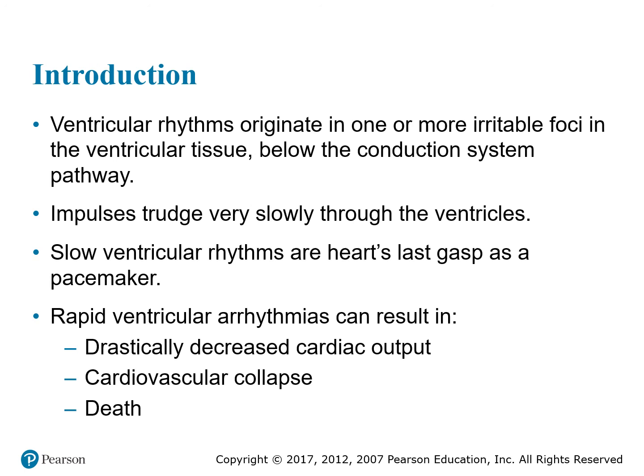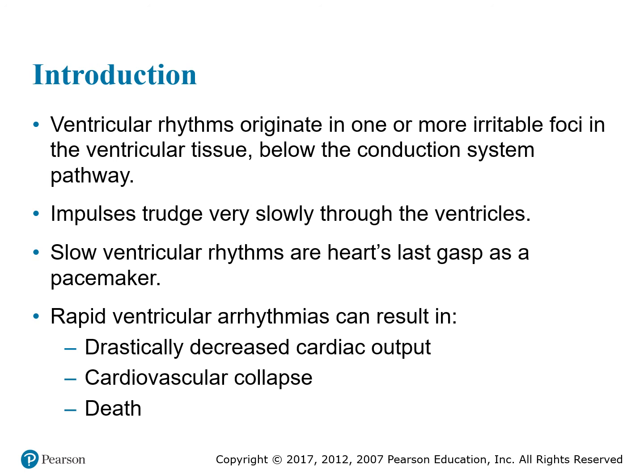Normally, an electrical impulse that begins in the SA node, atria, or AV junction results in depolarization of the right and left ventricles at about the same time. The resulting QRS complex is usually narrow, measuring 0.12 seconds or less in duration.